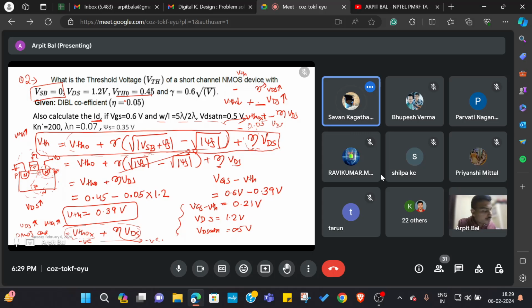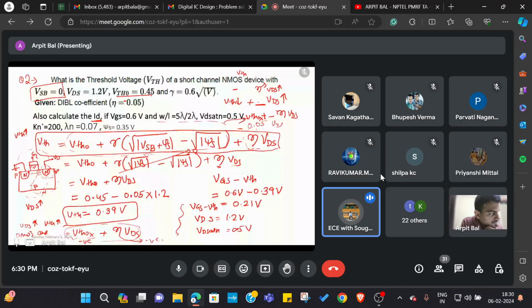Okay, sir, got it. Sir, but in case of PMOS, the source is to be at a higher potential, no? If in case of PMOS the source is at zero potential and we increase the drain potential, then source and drain should be swapped, because in PMOS the source should be at higher potential, and in NMOS the drain should be at higher potential.